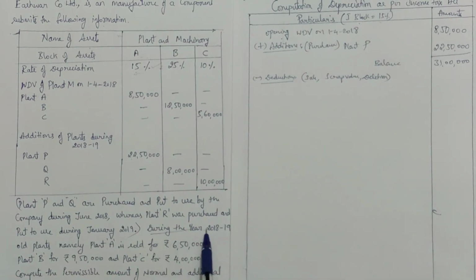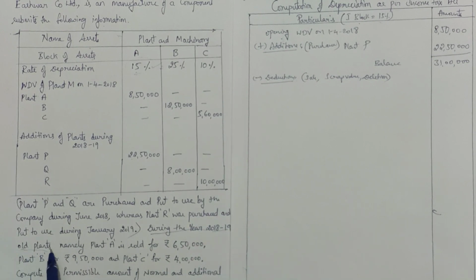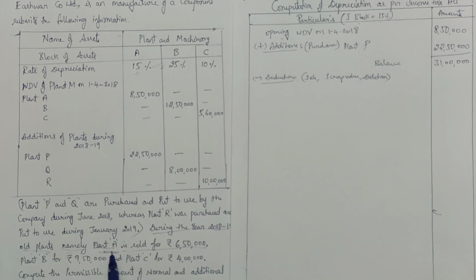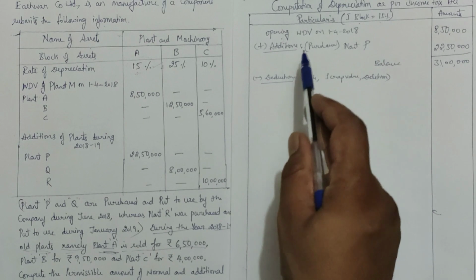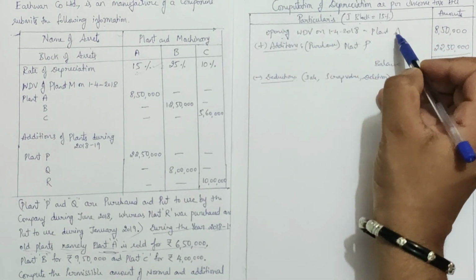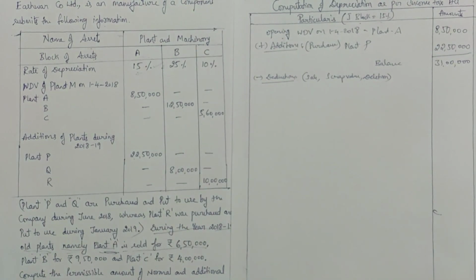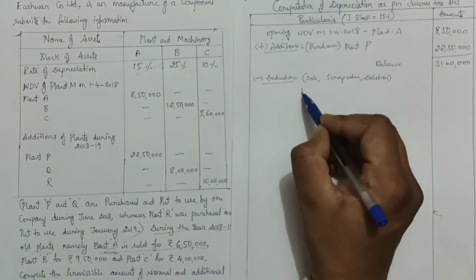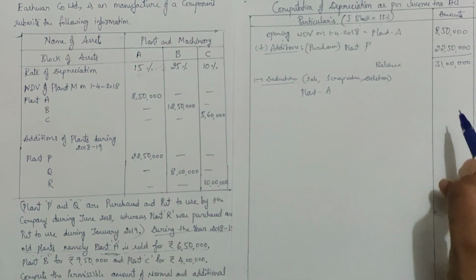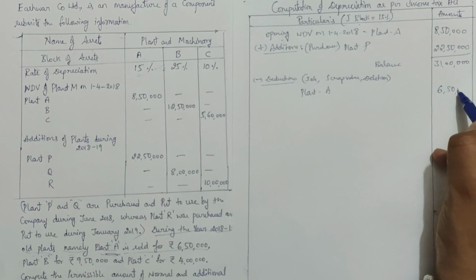During the year 2018-19, old plant, namely plant A, is sold for rupees 6,50,000. Here clearly they have given sold for rupees 6,50,000. Which one? Plant A. The first block we are doing here is regarding plant A only, so this is the plant A that we are doing, right? The same plant A they are selling here at rupees 6,50,000.